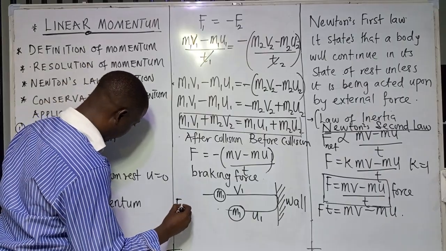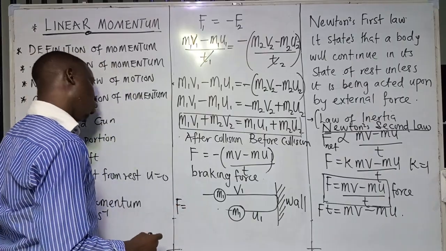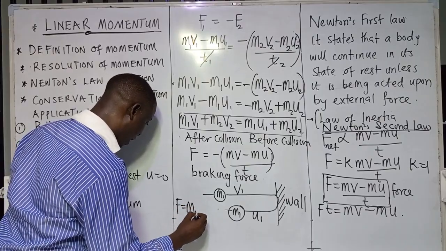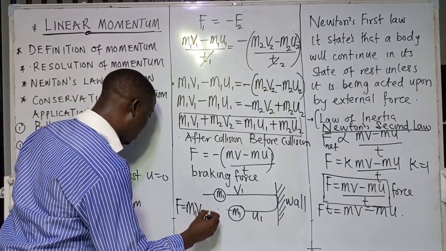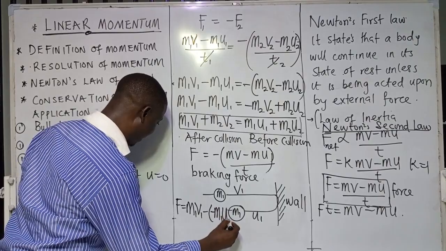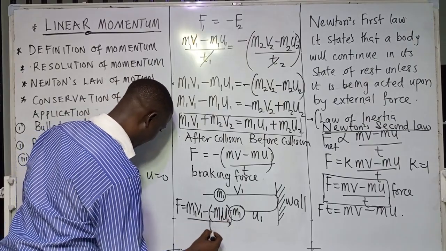What will be the net force on the wall? The net force will now be M1V1 minus M1U1 over time.